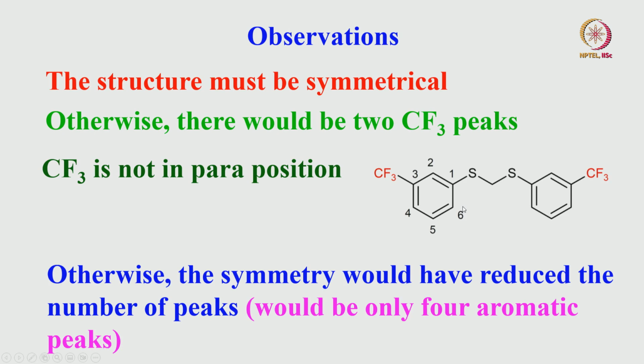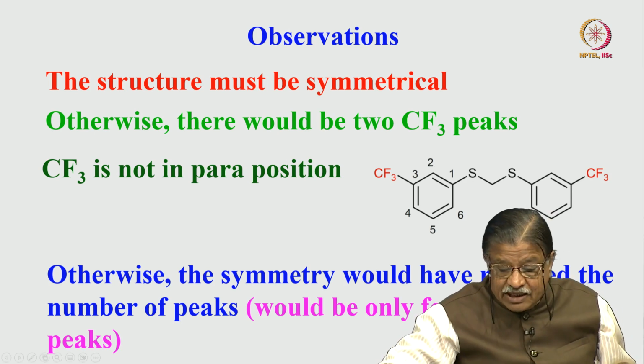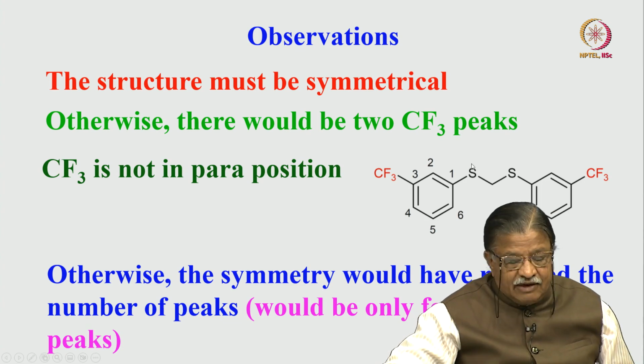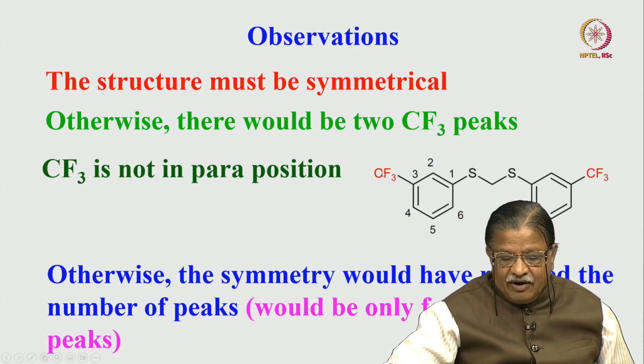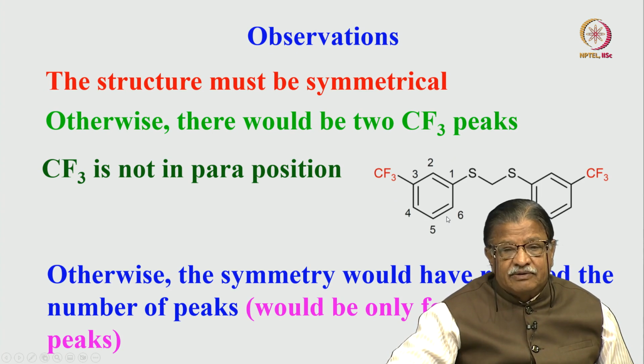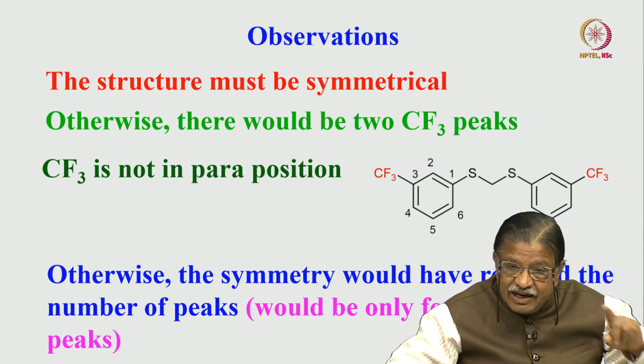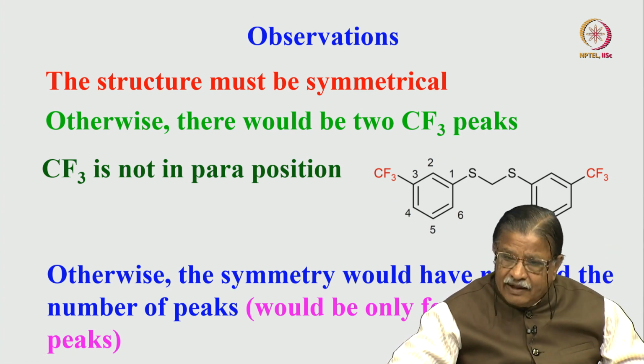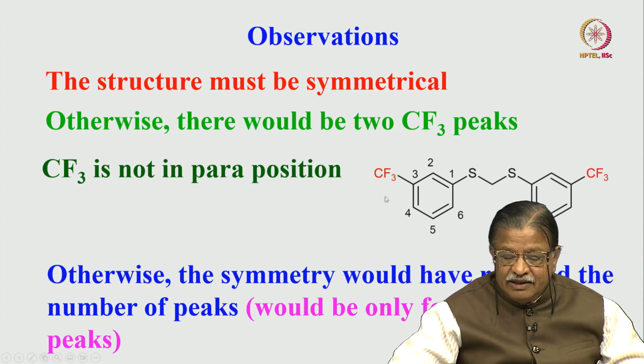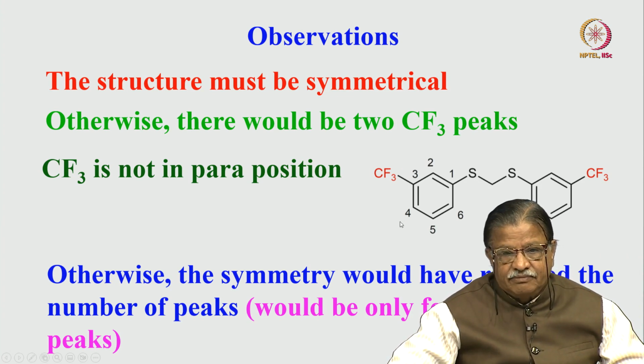Then the number of carbons, instead of one CF3 and 6 carbons, if it was in para position with respect to sulfur, you would have got one CF3 and only 4 carbon peaks, not 6. Very fact we are getting 6 carbon peaks. Another conclusion I can draw is this is not in the para position.